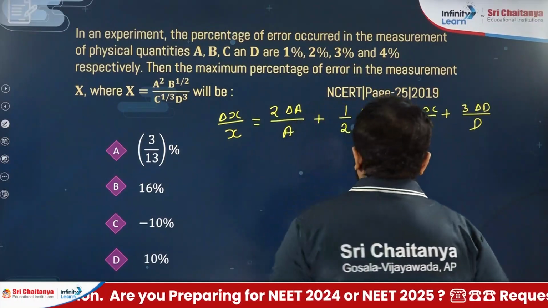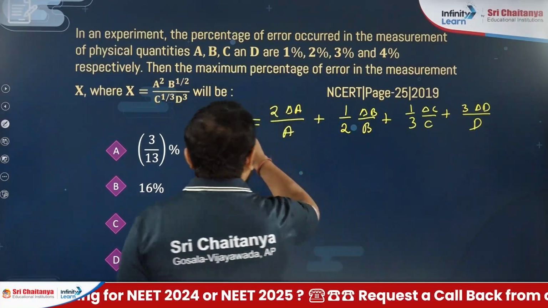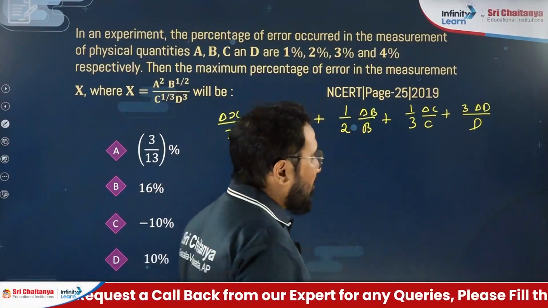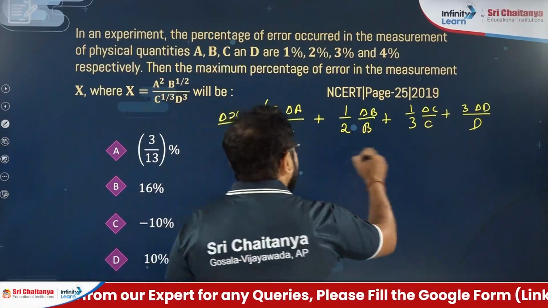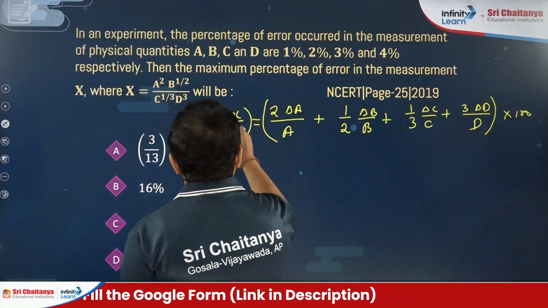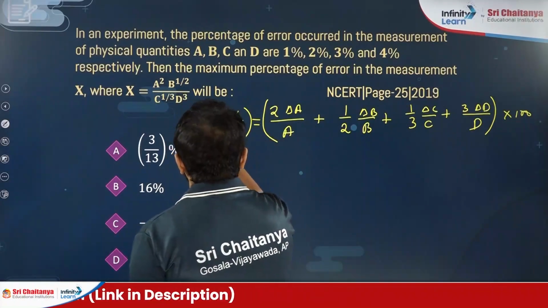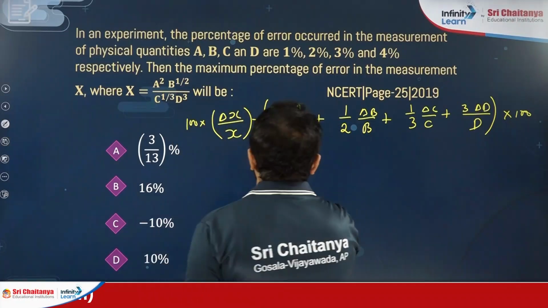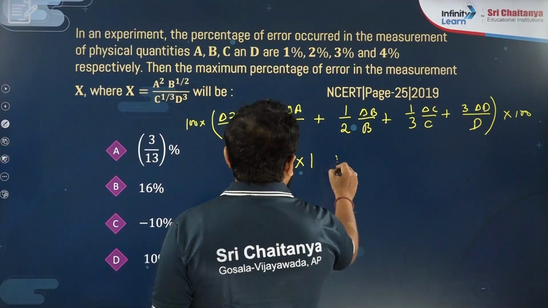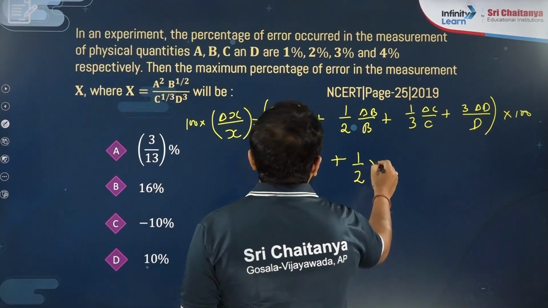Is it clear? So let's see. Now multiply by 100 on both sides, so it will give you the percentage. If I multiply 100 on both sides, then it will be in the format of percentage, so that you can write it down over here. What is the percentage of A? That is 1. What is the percentage of B?